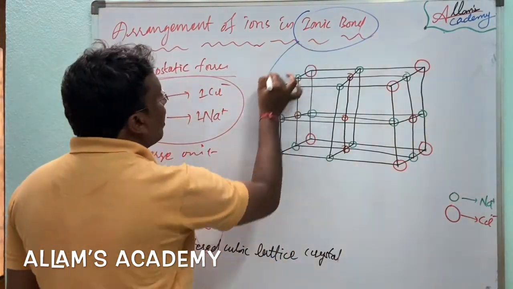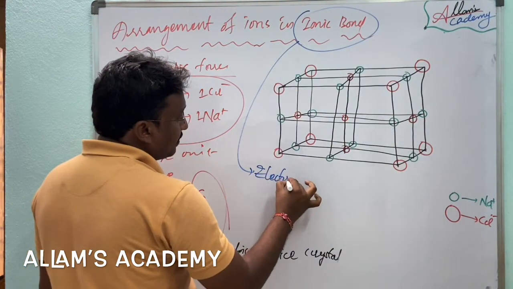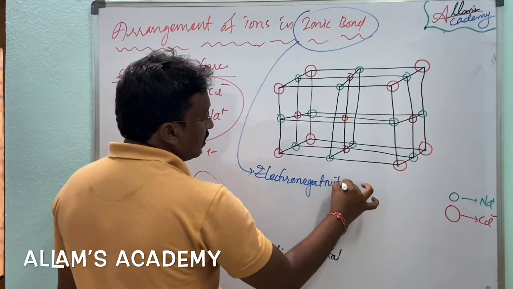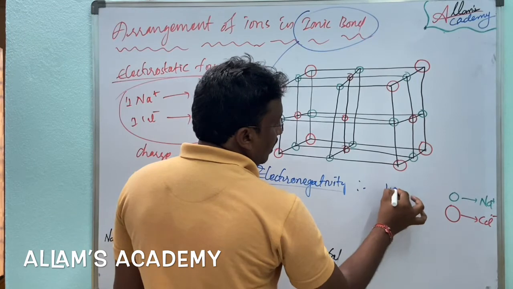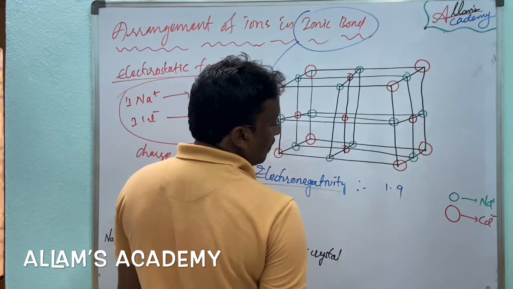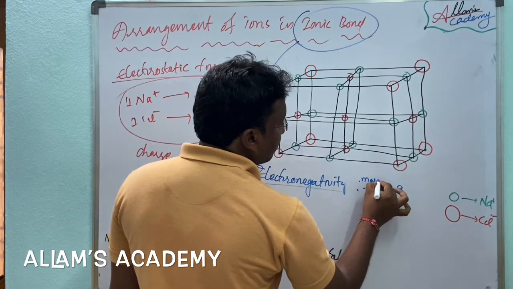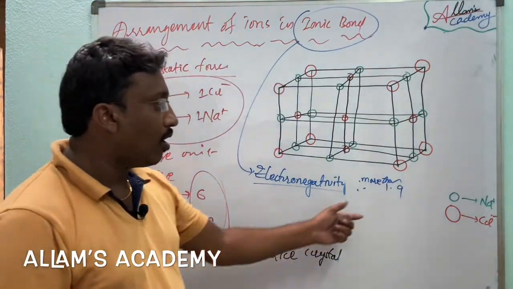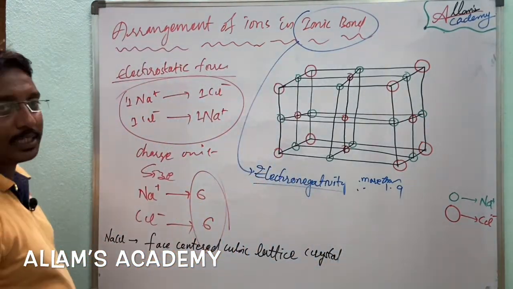To get the ionic bond, the electronegativity difference between two atoms should be 1.9 or more than 1.9. Then the ionic bond takes place.